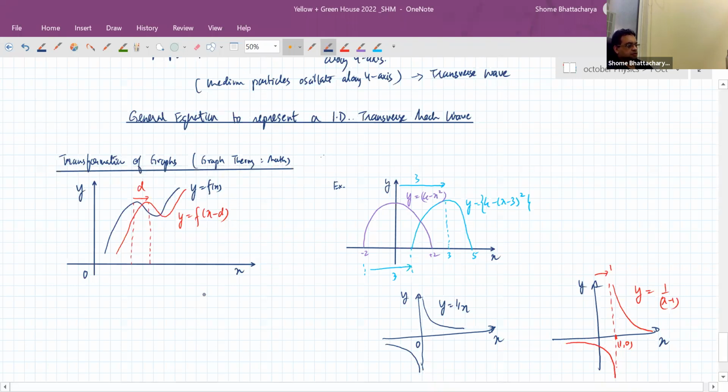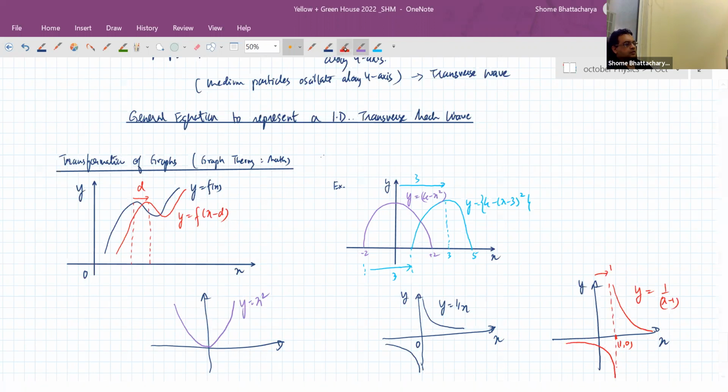Similarly, for example, if we shift a graph along the negative x-axis. So let's say we are looking at the graph of y is equal to x square. And we want to shift the whole graph 2 units like this, then we have to replace x with (x plus 2) whole square.